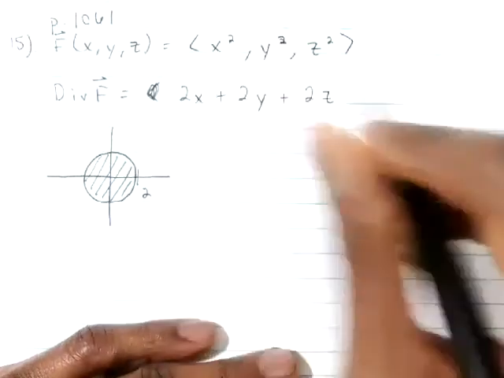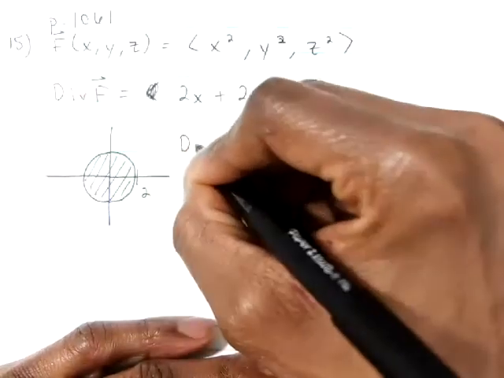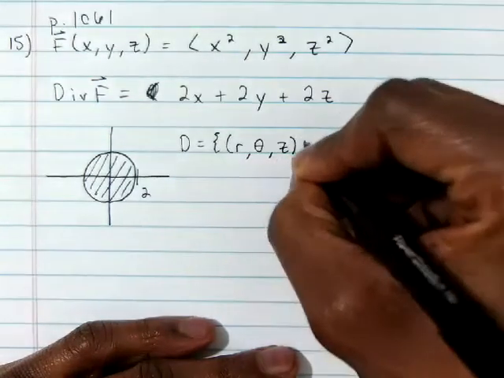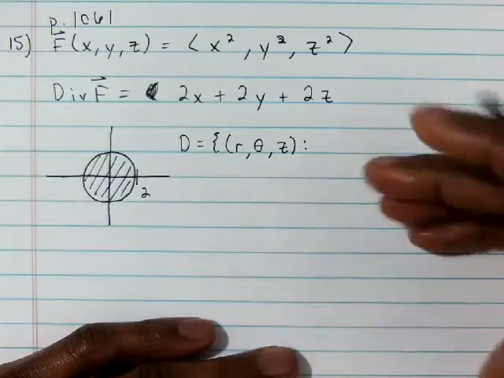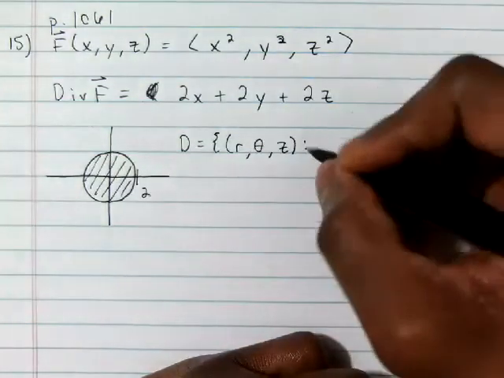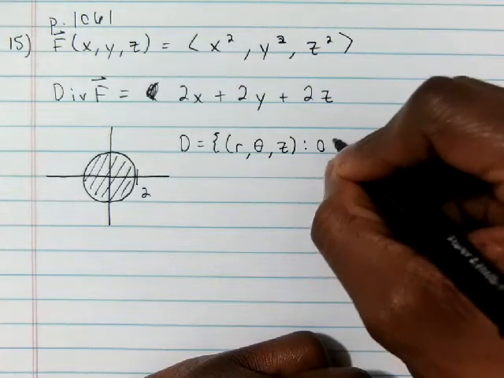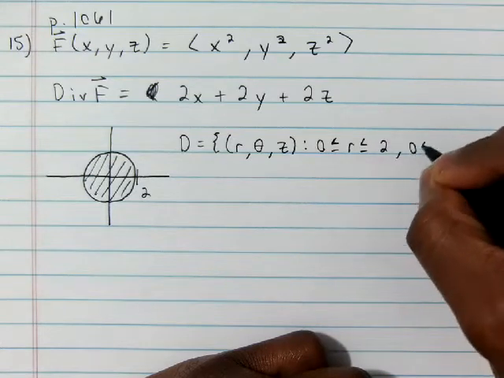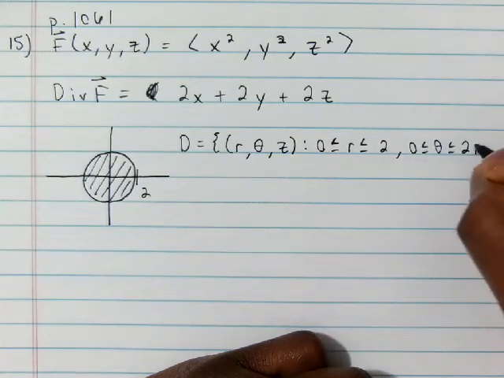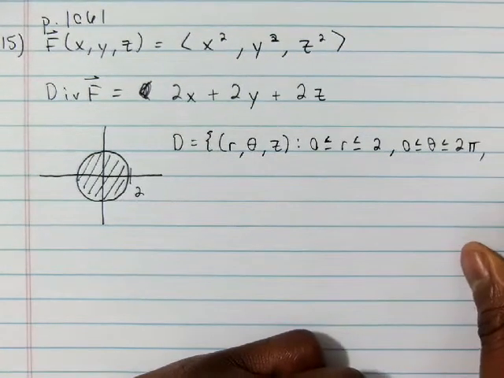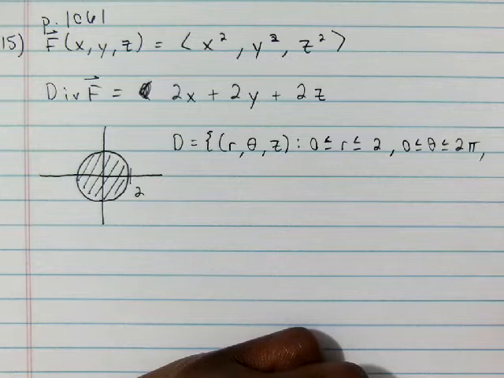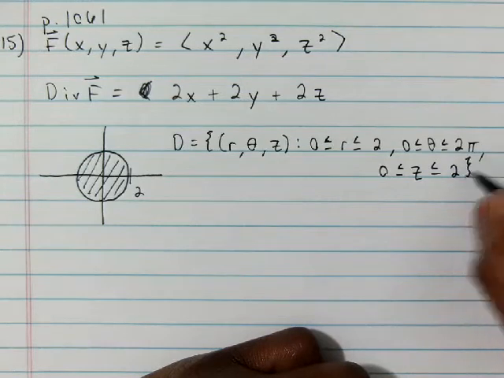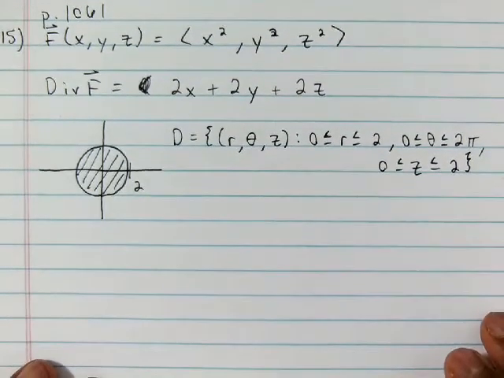So D equals the set of points (r, theta, z) such that r goes between 0 and 2, theta goes between 0 and 2 pi, and z goes between 0 and 2. So that's our region D. Those are going to be the bounds for our triple integral.